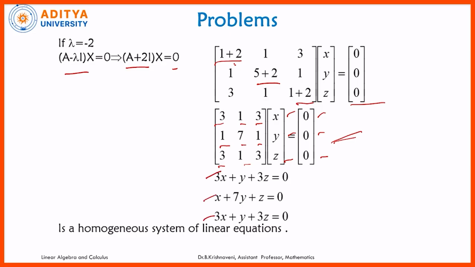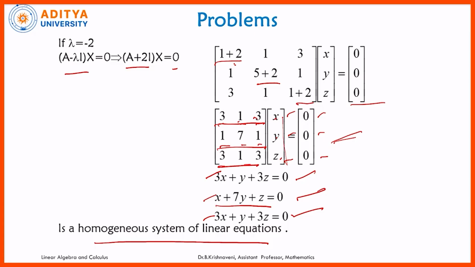So, you can write the system given by 3x plus y plus 3z by means of the first row. Using the second row, you get the second equation, and the third row the third equation, which gives a homogeneous system of linear equations.